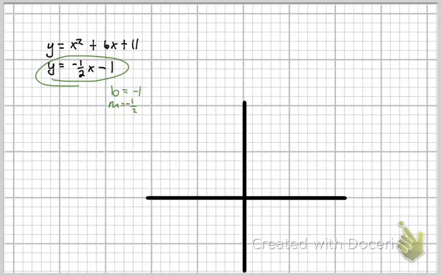So when I go to put those on the graph, I'm going to start with my y-intercept. On the y-axis, I'm going to start at negative 1. And we've got a slope of negative 1/2. Since our slope is negative, that means our rise is going to be going down. Our run is still to the right. So down 1, right 2 spaces, put a point.